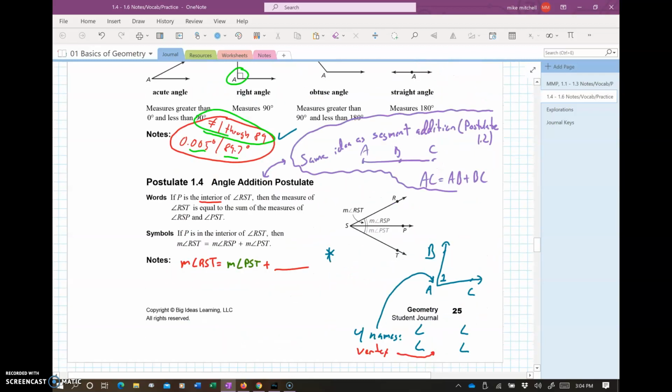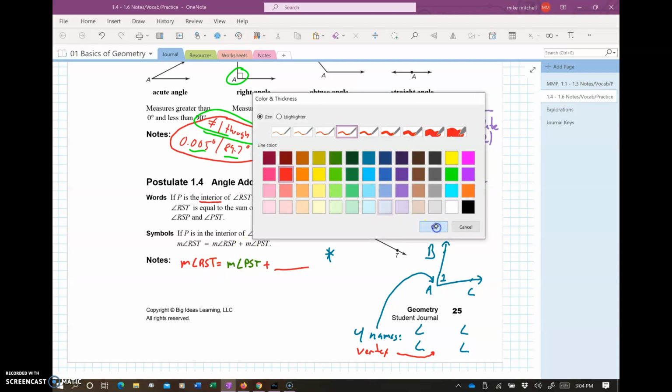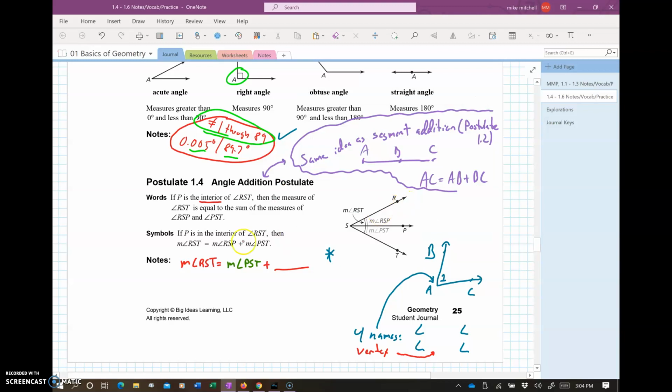Angle addition postulate. This is the same thing as the segment addition postulate, where we said, hey, the two parts of the segment, AB plus BC, those lengths add up to the length of AC. Well, we have the same thing here. The measure of angle RST. This is just what they have written up there.